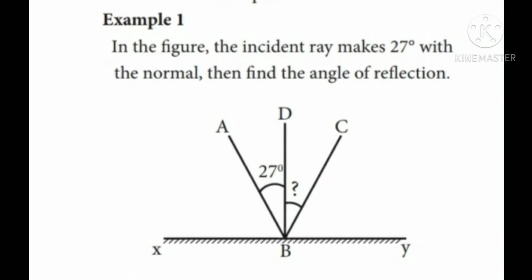From this question, you come to know that the angle between the incident ray and the normal is the angle of incidence, and it is given as 27 degrees. Now from the laws of reflection, you know that the angle of incidence is equal to the angle of reflection. So here also the angle of incidence, that is 27 degrees, is equal to the angle of reflection. So the angle of reflection is 27 degrees.